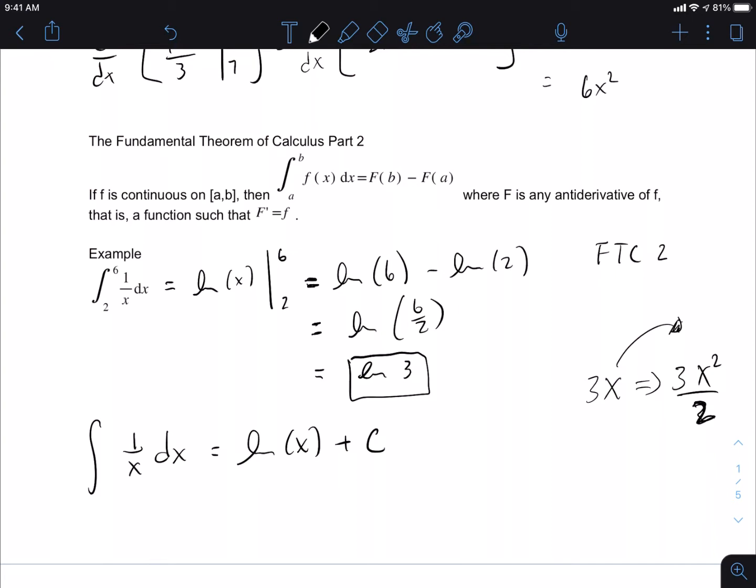Oh, I'm not worried about the plus c. I'm just trying to see what would get me there. You're right, you would have a plus c if you wanted the general case. But this piece right here is what matters. This will get me here. But if I give you this, can you get back to here, thinking backwards in terms of derivatives? That's the critical piece of what I'm talking about.